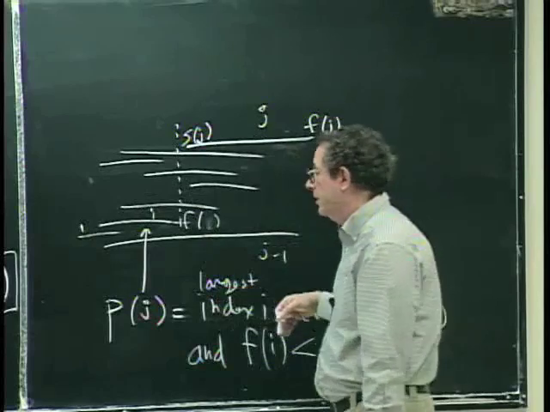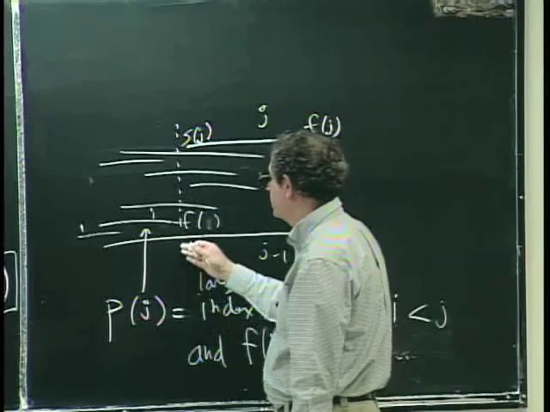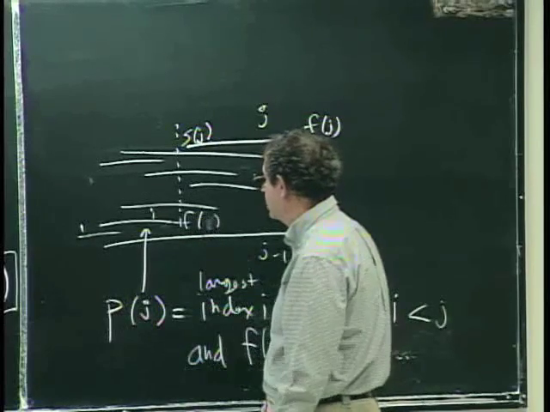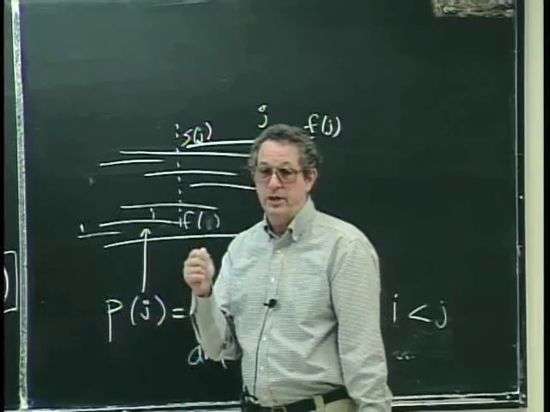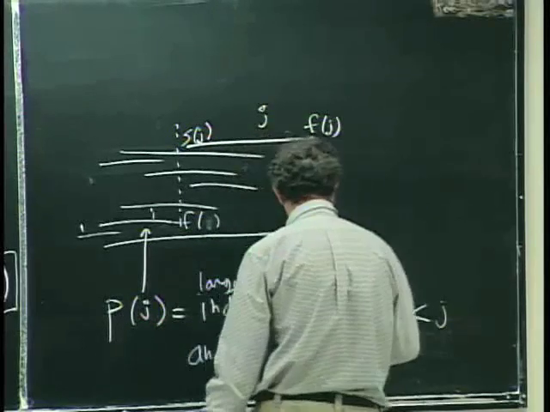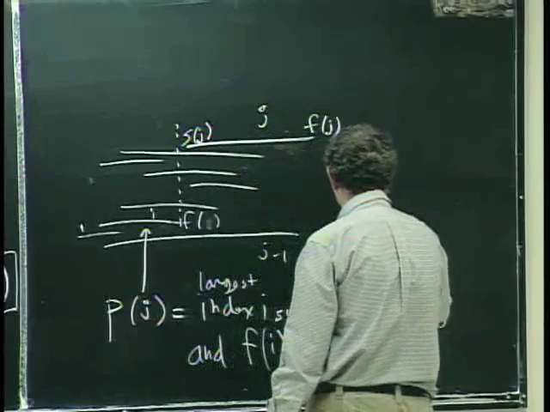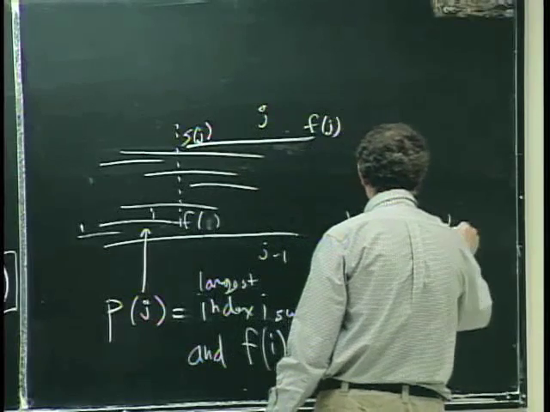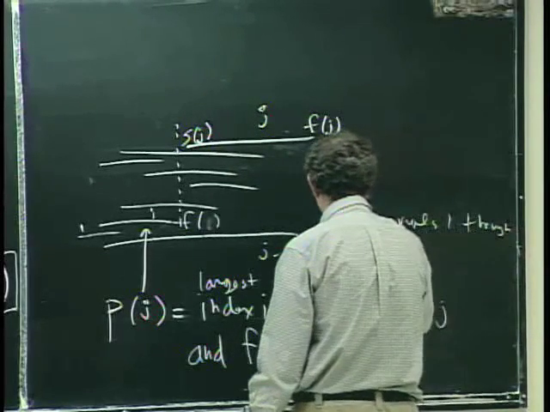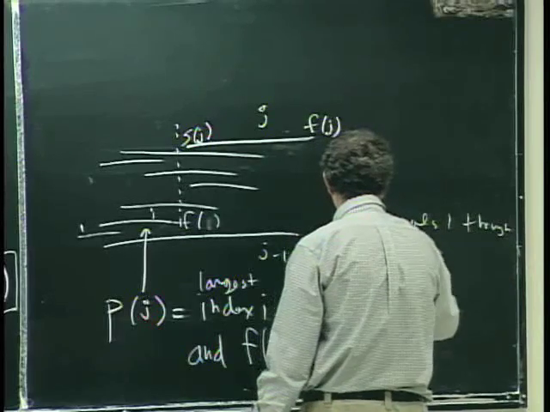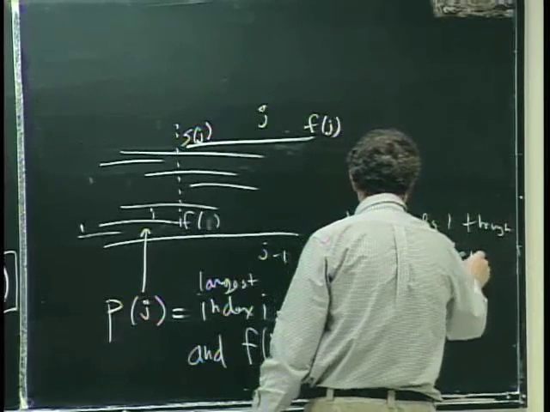And notationally, those are the intervals, a subset of the intervals that don't overlap j are the intervals from 1 through pj. Okay? So intervals 1 through pj don't overlap j.